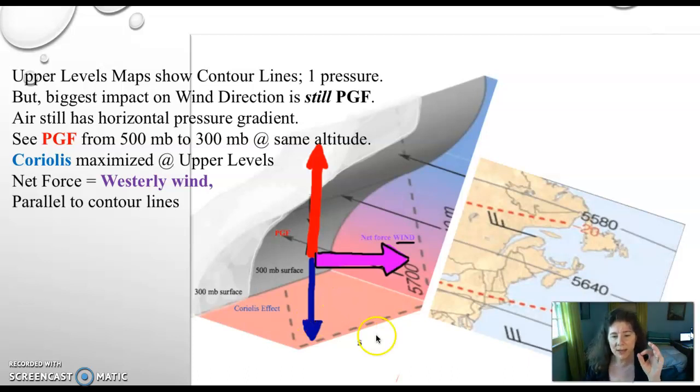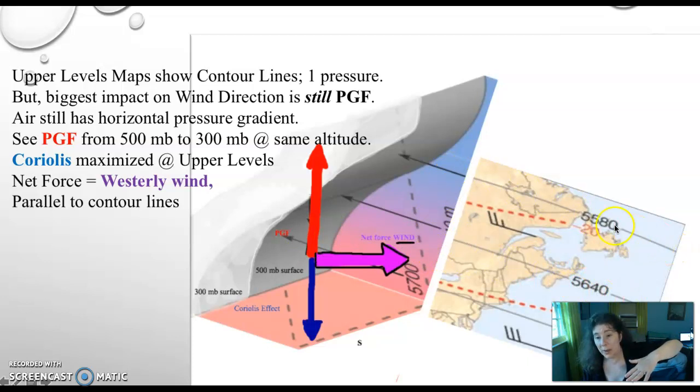That westerly wind is going to go with the contour lines. The contour lines on the upper level map are the lines for 5,580 meters and 5,640 meters. So this is dropping in altitude for the 500 millibar map, and you are looking at the contour lines in gray.